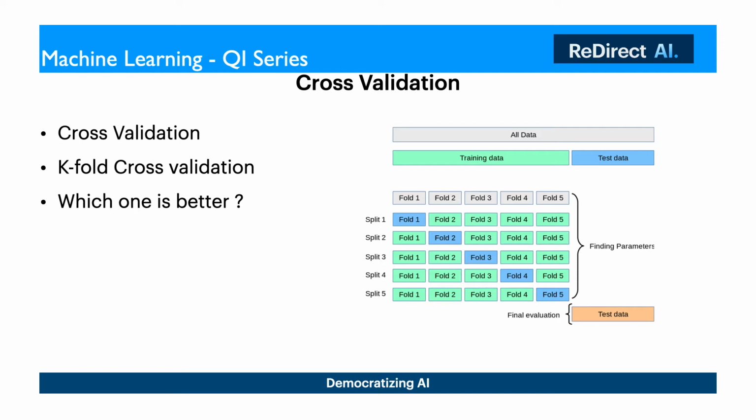Now, while going through these different folds and different splits, we can have an average accuracy or average generalization error, which can help us identify how our model is going to perform in the real world. And I think it's going to enhance the training of the model as well.